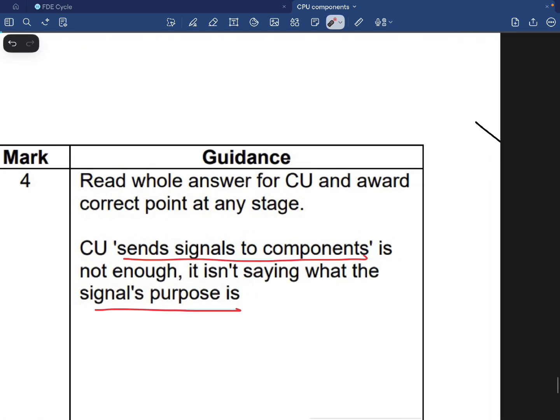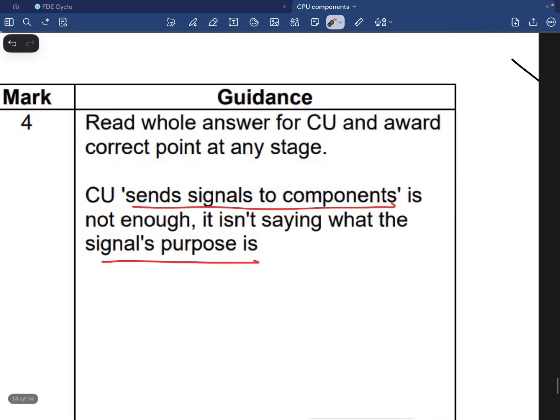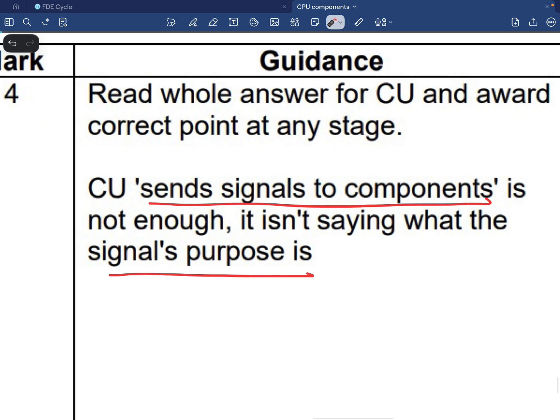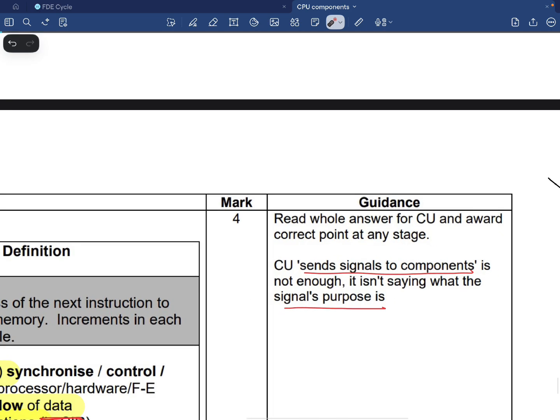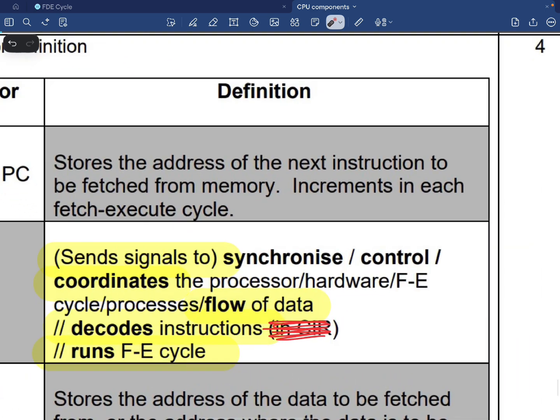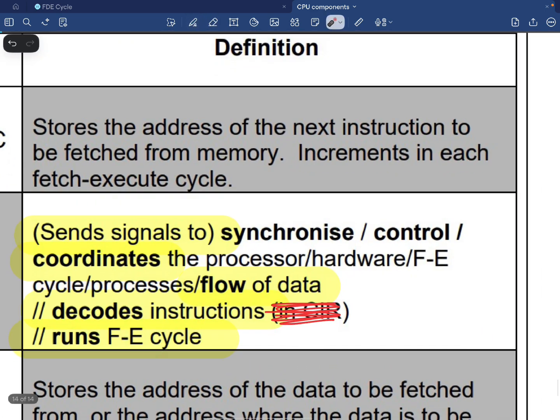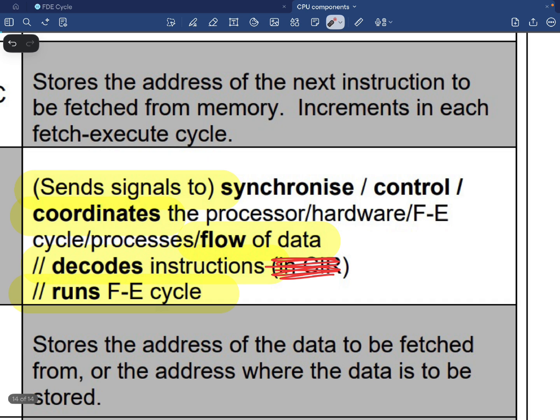Now here we've got the guidance for the examiner. It says that for the control unit, sending signals to components is not enough. They want you to state a purpose with it. That's why we also included this part here, the flow of data.